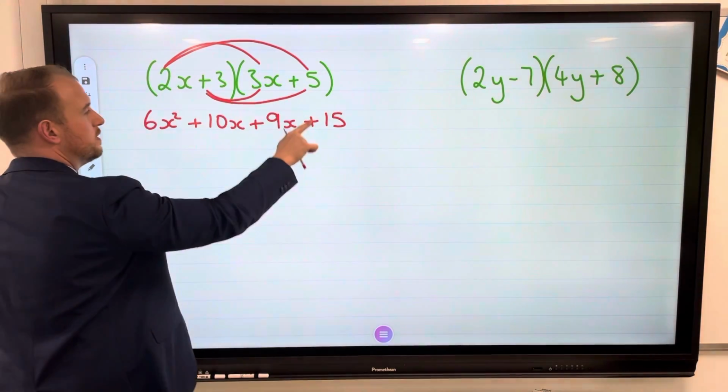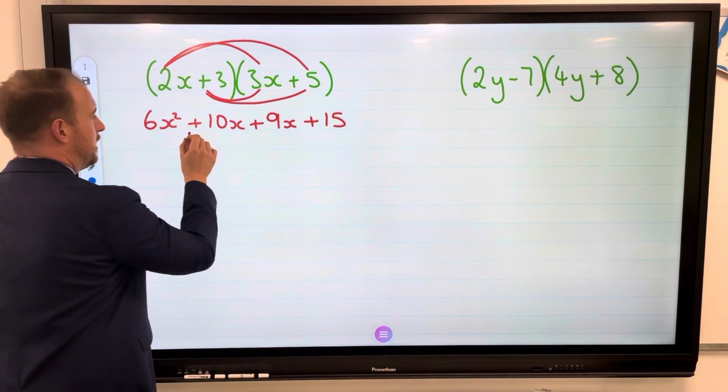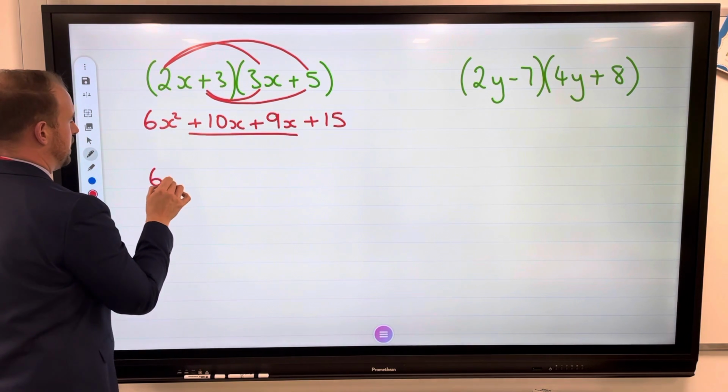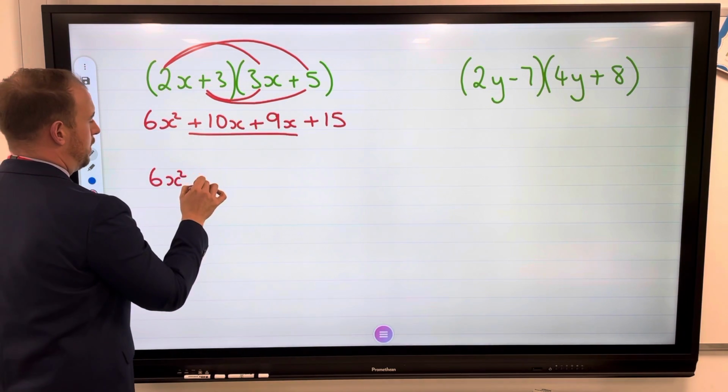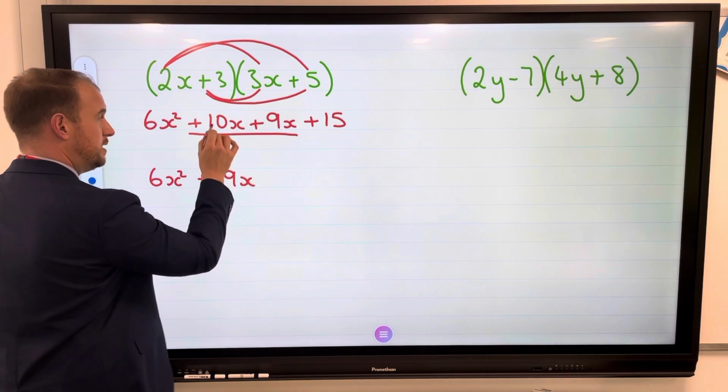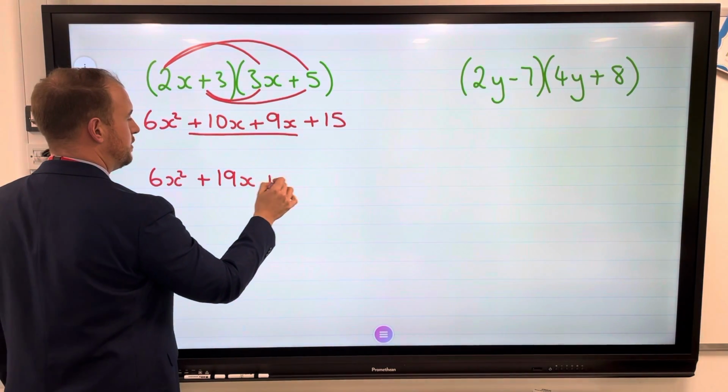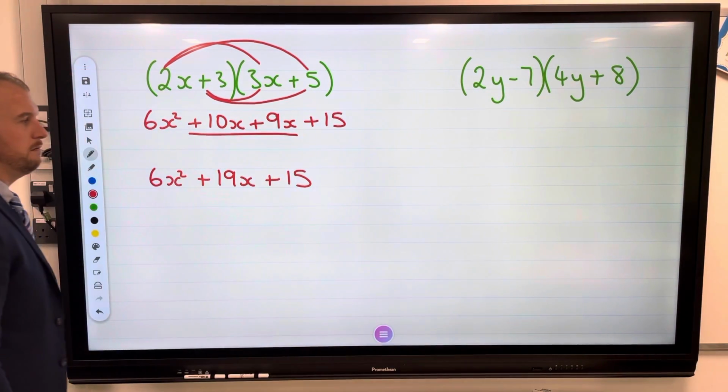Okay, two positives makes a positive. Simplify this middle part. So I have 6x squared plus 19x, because 10x plus 9x is 19x, plus 15.